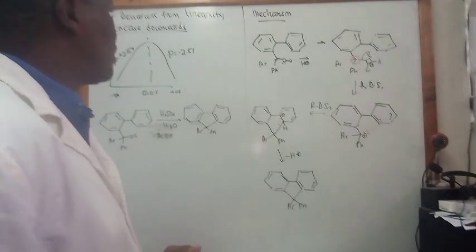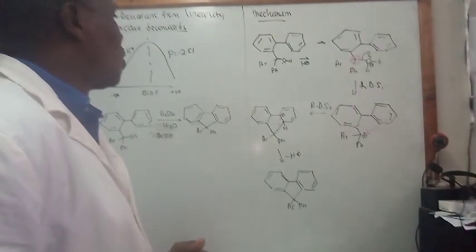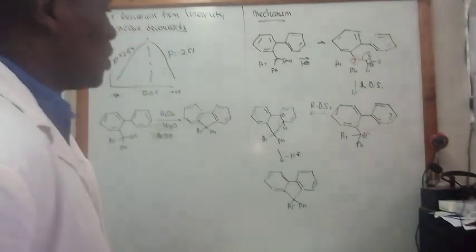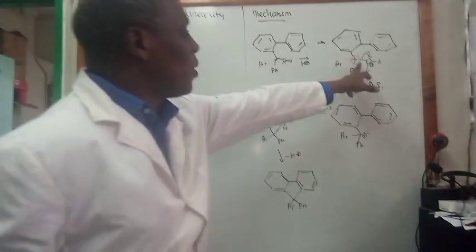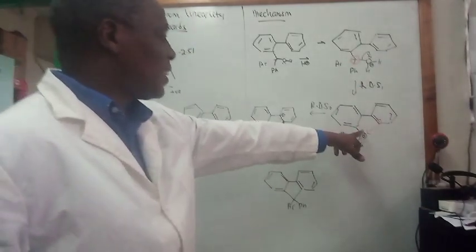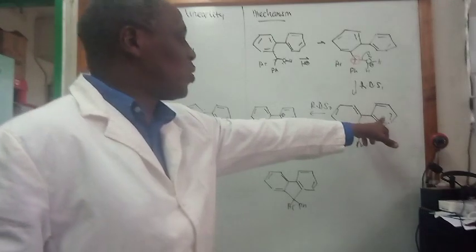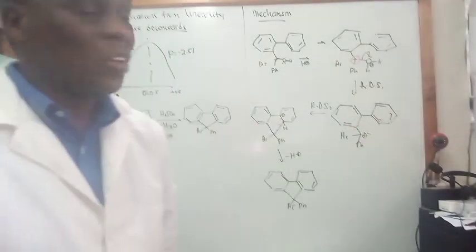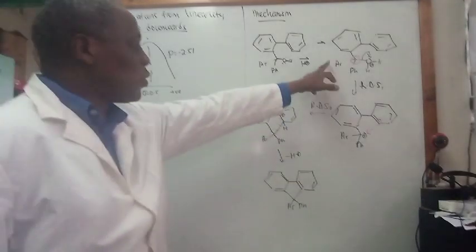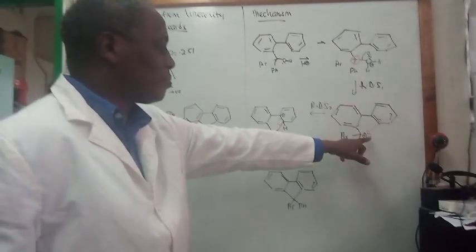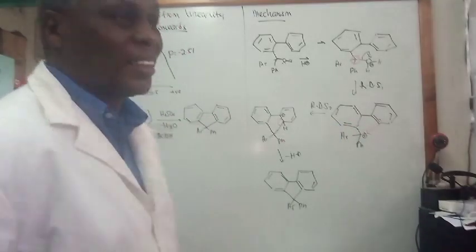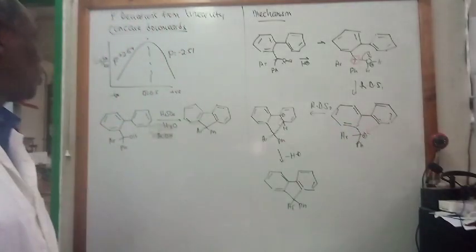So the electrons will be going out of the reaction center, and then in this other case, once you've gotten the carbocation, there is the ring which is attacking the positive charge here.